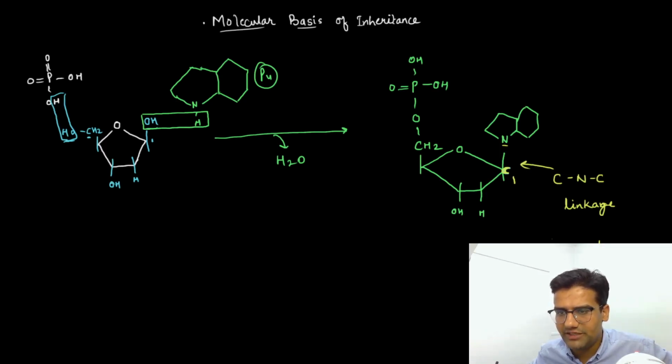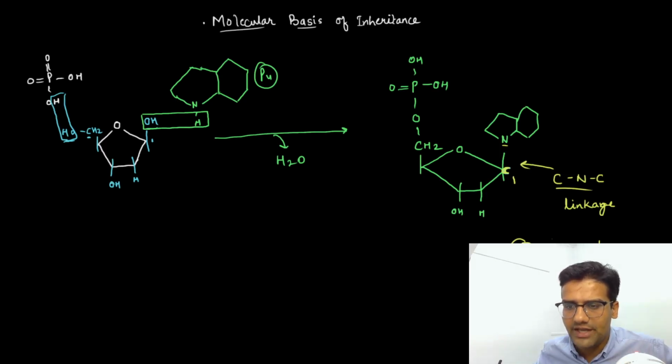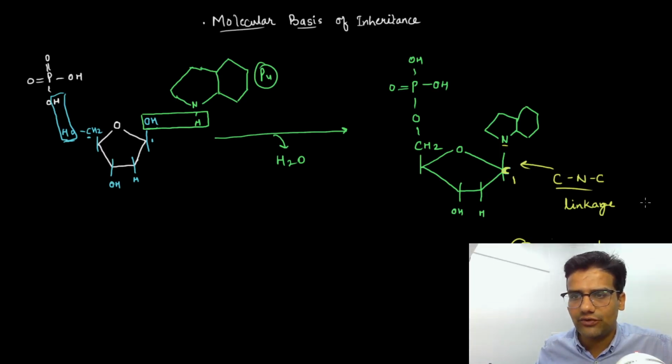But in the case of pyrimidine, because there is only a six-member ring, it is the first carbon to the first prime carbon of pyrimidine, a glycosidic linkage. So this CNC linkage is a 1' to 9' glycosidic linkage in the case of purine, and in the case of pyrimidine it is a 1' glycosidic linkage.